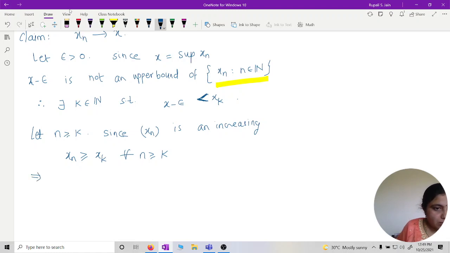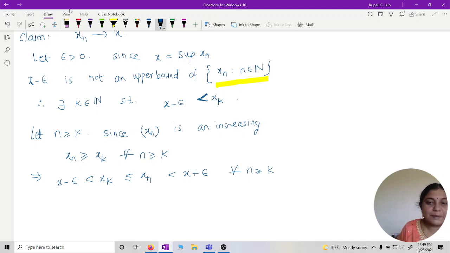So x minus epsilon is strictly less than xk, which is less than or equal to xn, which is less than x plus epsilon for all n greater than or equal to k.